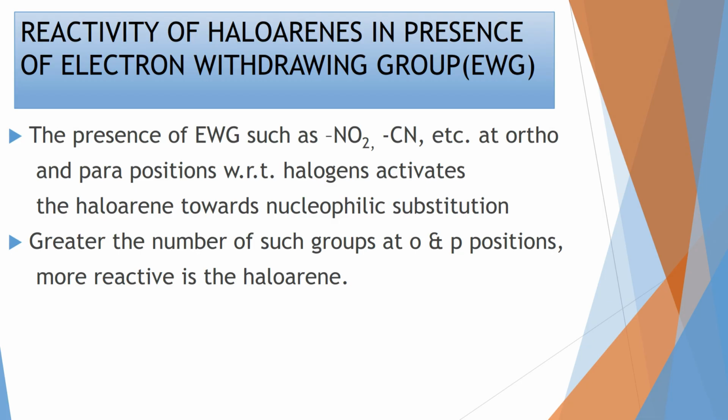Actually, there are some groups like nitro, cyano, etc., which have the tendency to withdraw the electron cloud from the benzene ring towards themselves because of their structure or because of their chemical nature.